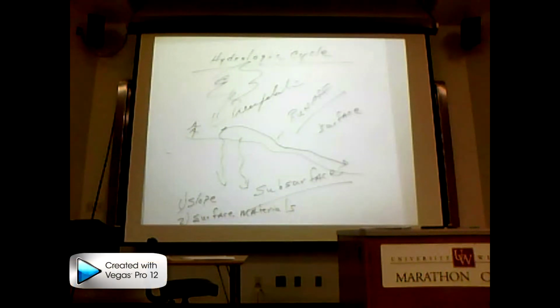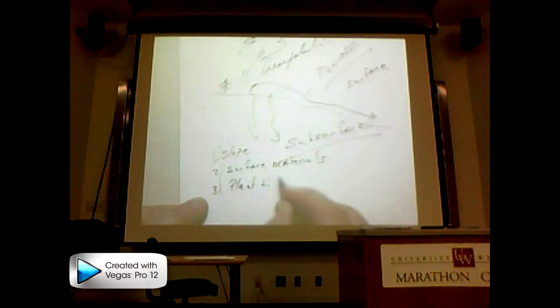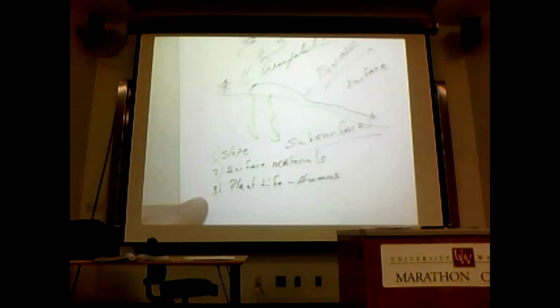The more soils, the greater the infiltration. Plant life. The more plant life we have, the more humus we have. What's humus again? Partially decomposed organic matter. The more plant life we have, the more humus we have, the greater the infiltration rate, slower runoff.